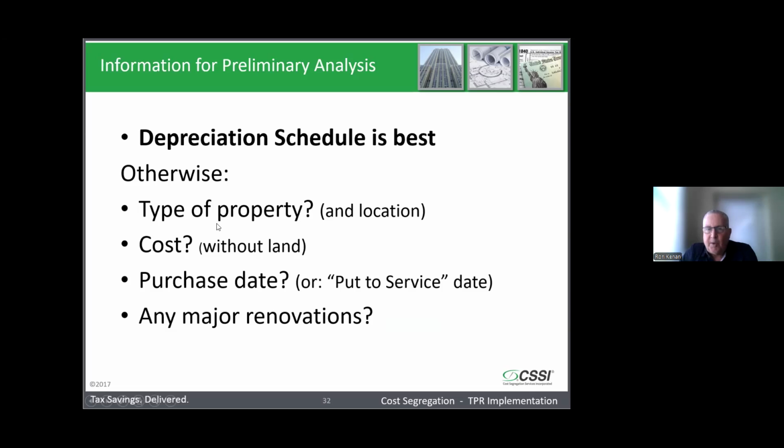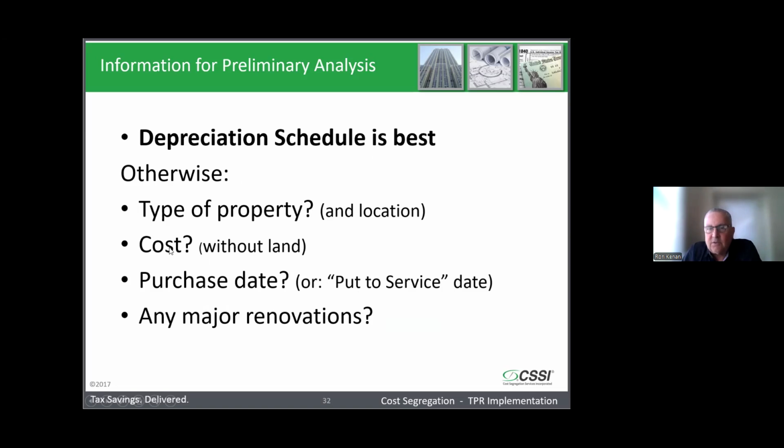Otherwise, if it's a new property, we ask to know the property type and the location, a full detailed address, the cost without land, or you can give us just the cost and we'll calculate the land, we'll allocate the value for the land, the purchase date, okay, and any major renovations that you have done, let's say within 2025, if you're talking about 2025 properties, or if it's before, we will get it from the depreciation schedule.